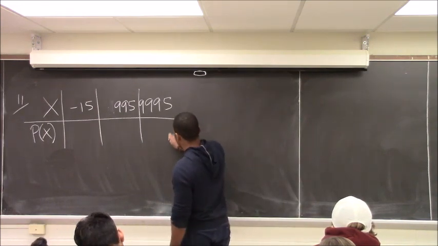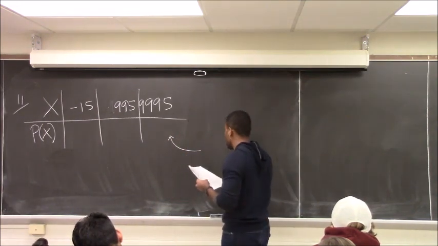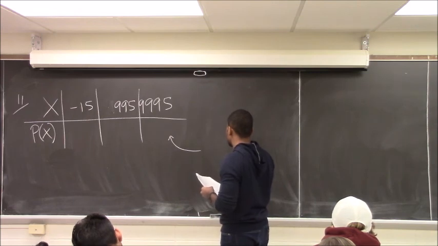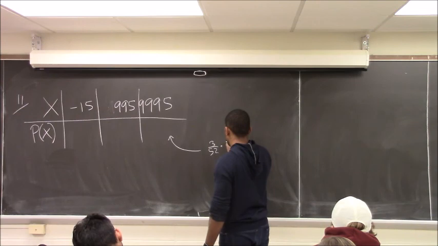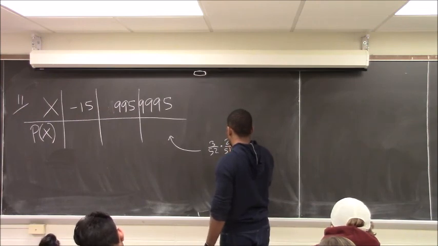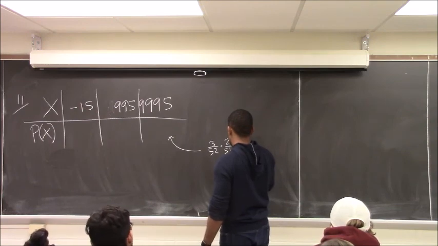Okay, so to put this in here, you did 3 over 52 times 2 over 51 times 1 over 50. Because the order didn't matter, so you could choose the 3 cards in any order.